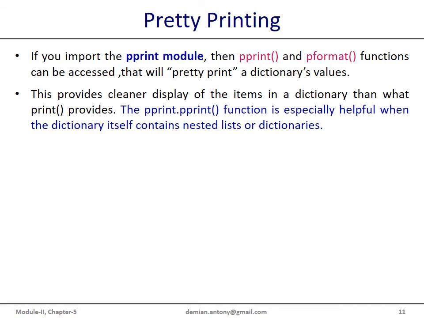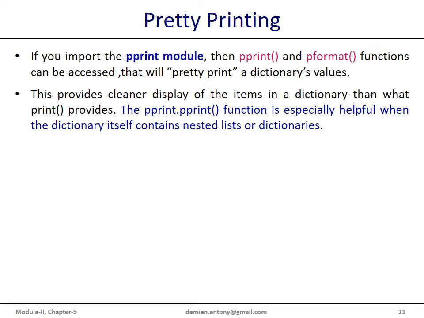Python provides a module called pprint, which has two functions, pprint and pformat, which are used to format the printing of dictionary values. With the traditional way of printing, that is with the help of the print function, we may not get cleaner output of the dictionary values.